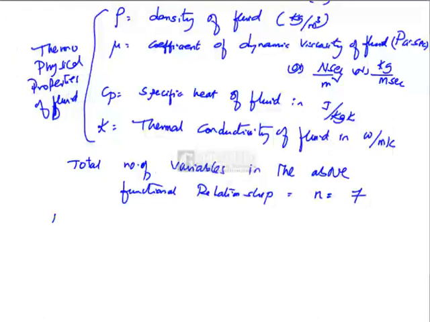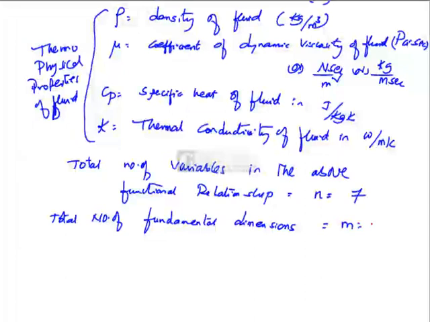So how many total number of fundamental dimensions in which all the variables in toto could be expressed? That will be m, that will be 4 here.